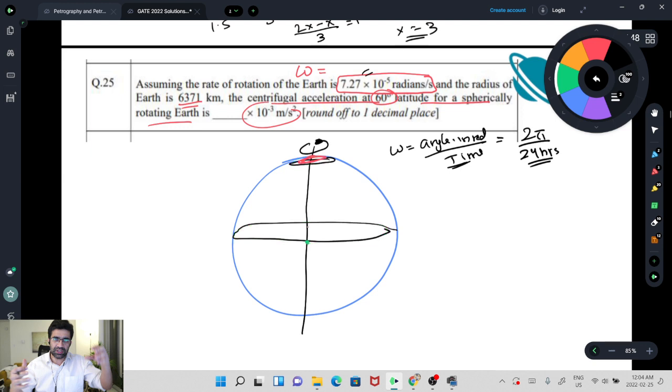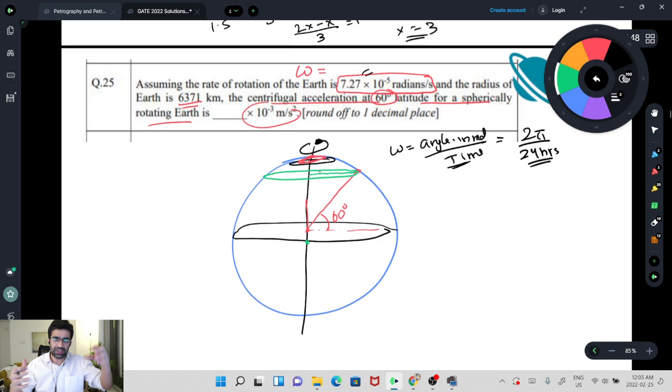Now they have asked you at 60-degree latitude, so that is important. Where will you find 60-degree latitude? This is 0-degree latitude, the poles are 90-degree latitude, so 60-degree latitude will be somewhere here. At this point you can see that the circle formed here will have a shorter radius.